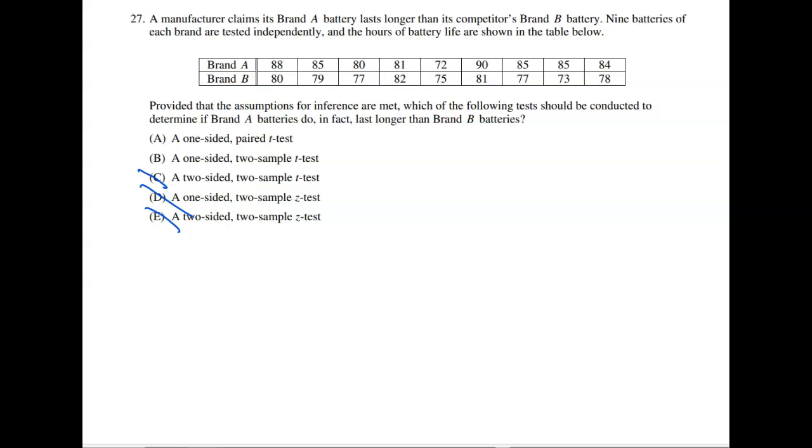In this case, we're just comparing 2 different samples. We're not pairing them up. We're not matching them by any specific characteristics. Right, we're comparing 2 different samples. So our best choice would be B, which is a one-sided two-sample t-test.